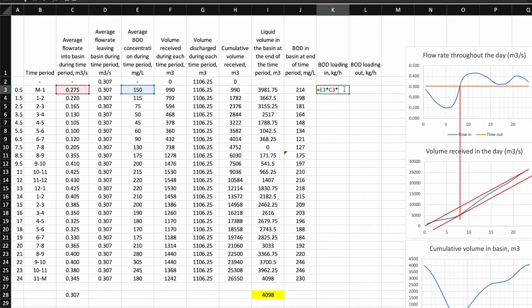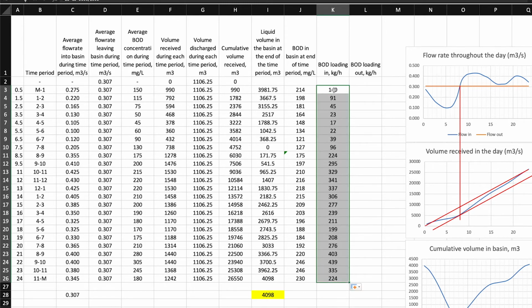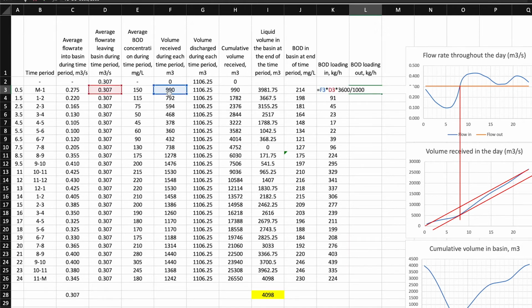Milligrams per liter is the same as grams per cubic meter, so the cubic meters cancel out. We just need to multiply by 3,600 to correct seconds to hours, and then divide by 1,000 to correct from grams to kilograms. Same equation goes into the loading out.